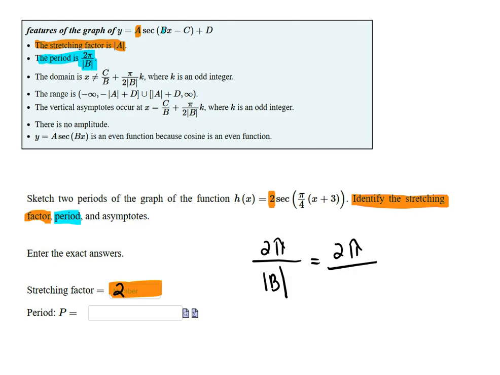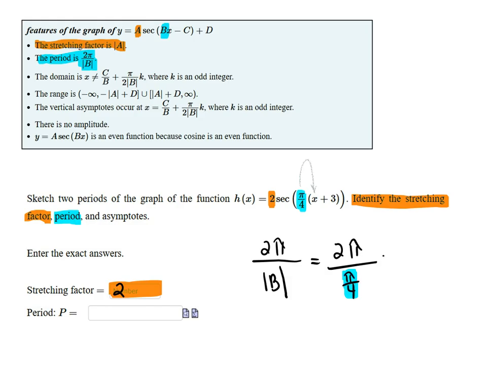Now B is right here, but when we look at our problem, they've got this extra set of parentheses, so you'd have to distribute the pi over 4 to the x, which would make your B the pi over 4. So that is your B right there, and that's going to go in the bottom, pi over 4.